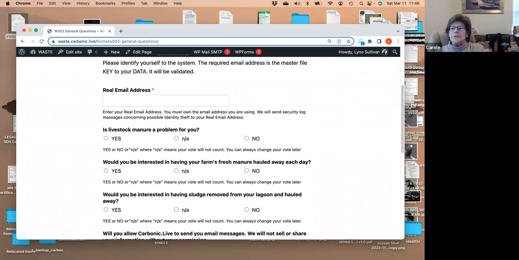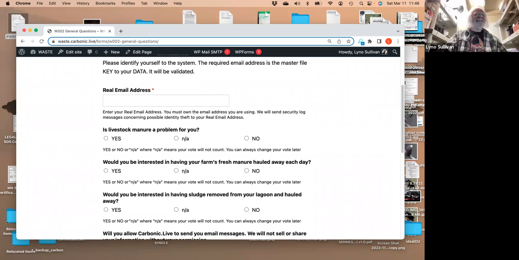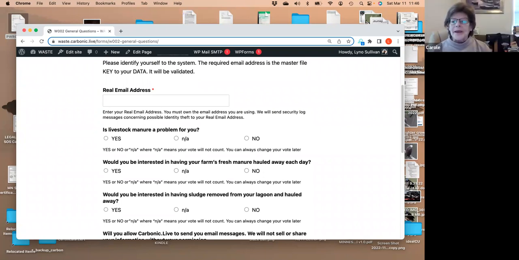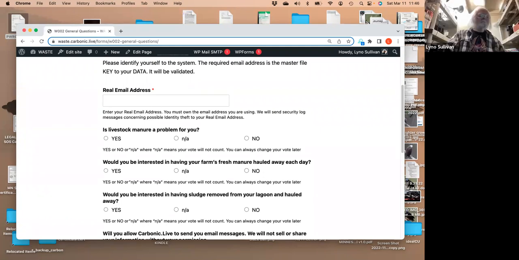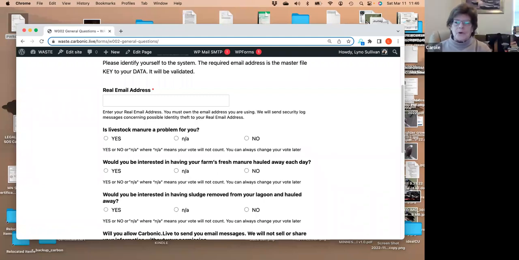I was just going to suggest, in answer to the objection that nobody's going to fill out your questionnaire, that you start with a smallish questionnaire, and then as they answer questions that become relevant, like if they answer yes to do you have a lagoon, then you bring up all the lagoon related questions.